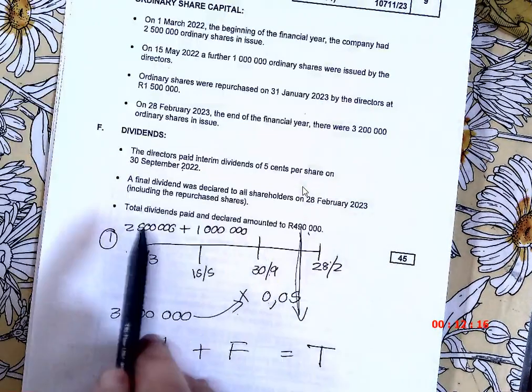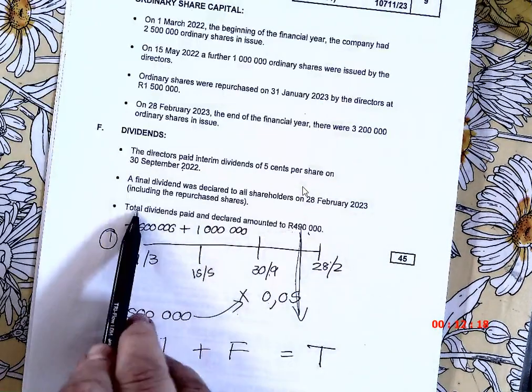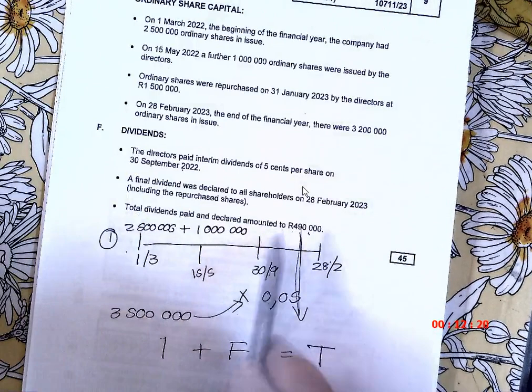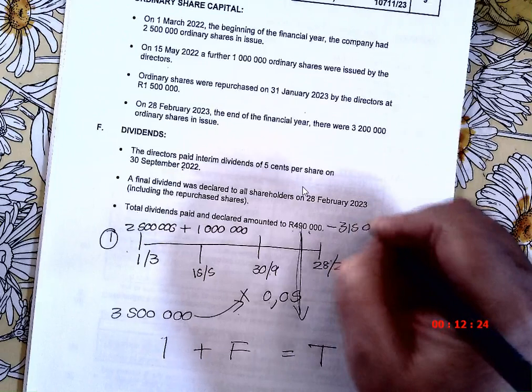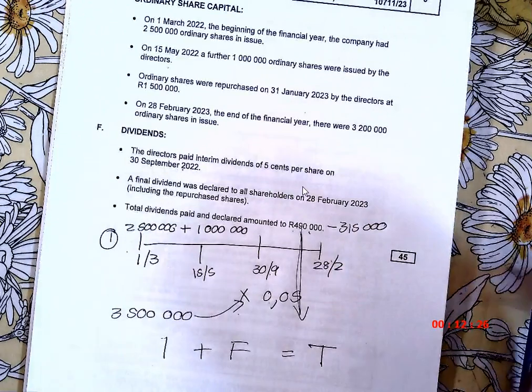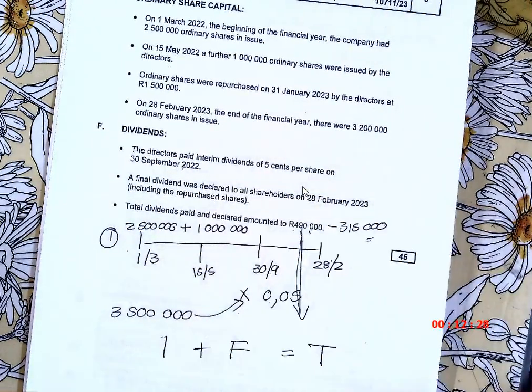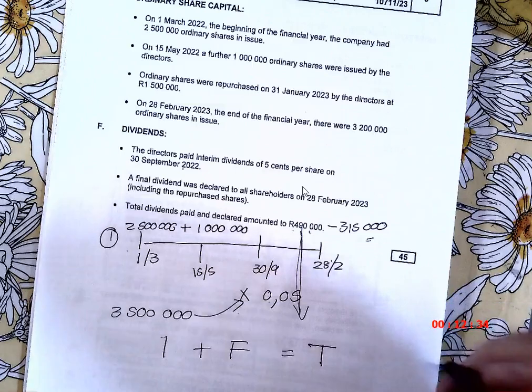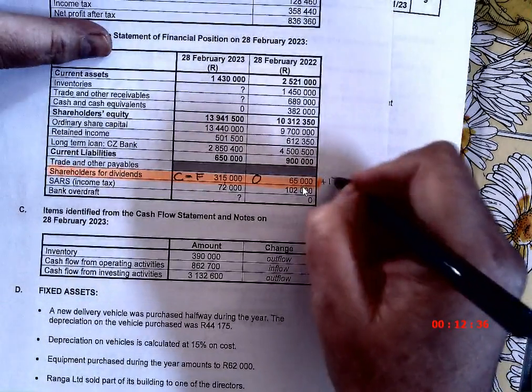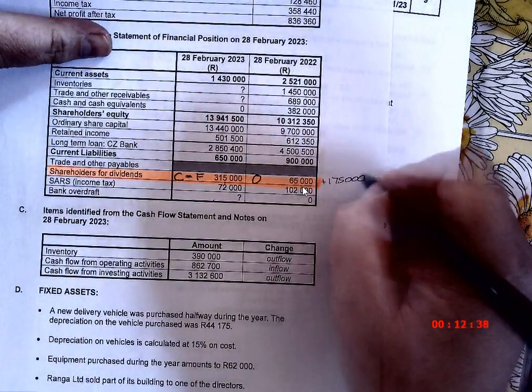And they gave me total. So if I say the 490 less the 315, I will also get my interim, which is what? 490, 315 is 175. So that 175 I add to the 65 and I get how much I paid.